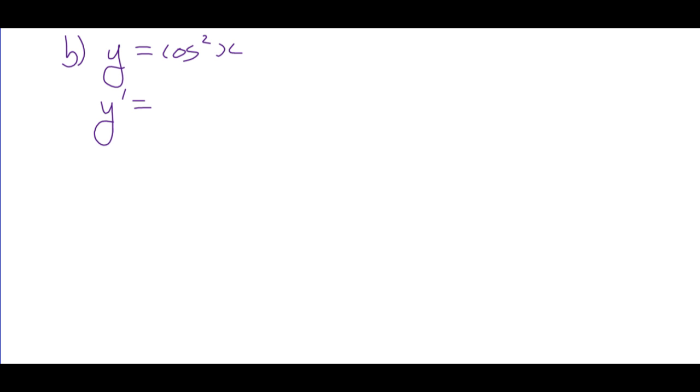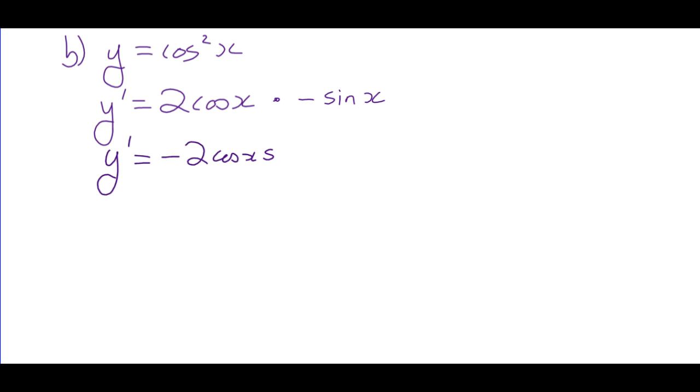So the outer function is squared. So we do the derivative of the outer function, which will be 2 times the cos of x times the derivative of the inner function, which is cos x, which is minus sine x. So we get negative 2 cos x sine x.